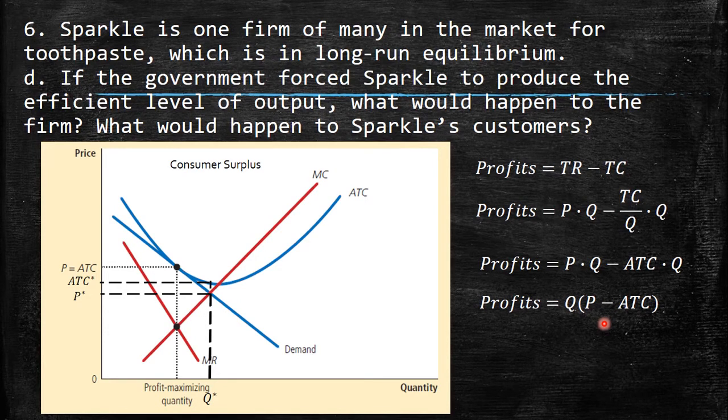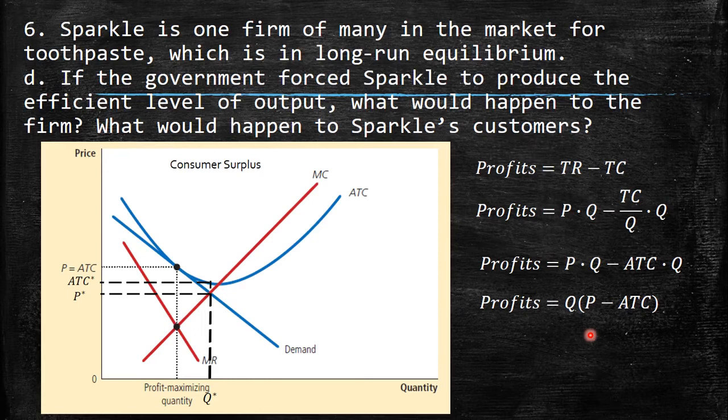When the price is lower than average total cost, the firm has profits lower than zero, and this is actually the case. As a matter of fact, here the average total cost is higher than the price, so the profits are negative.